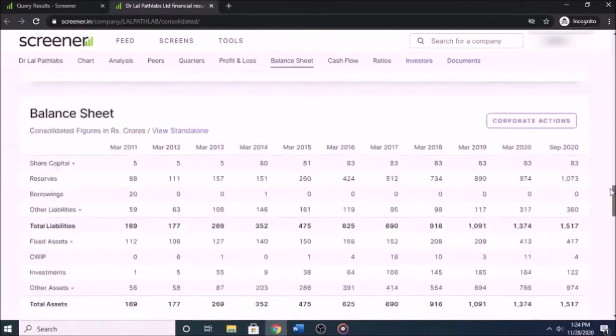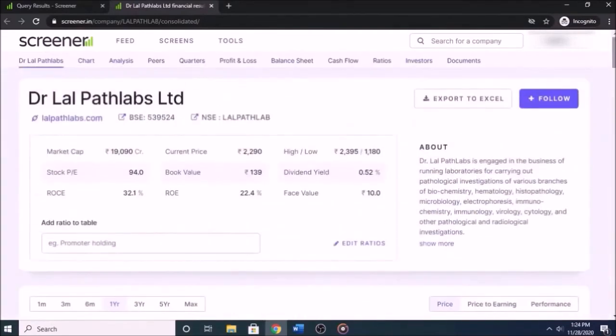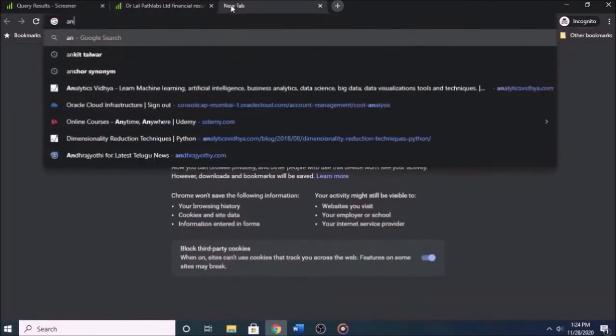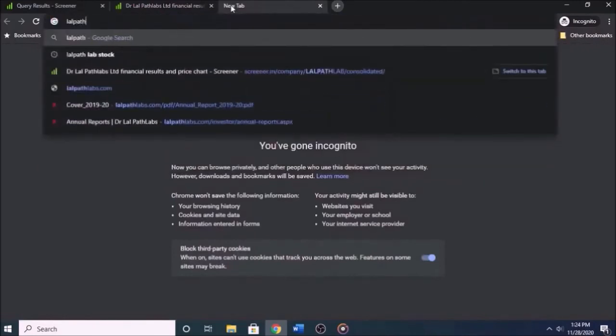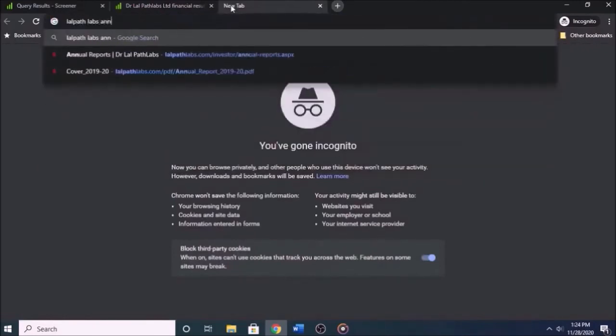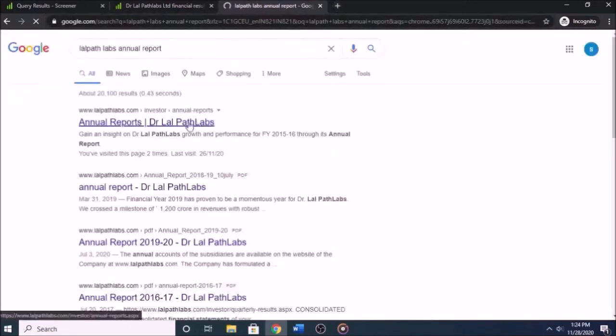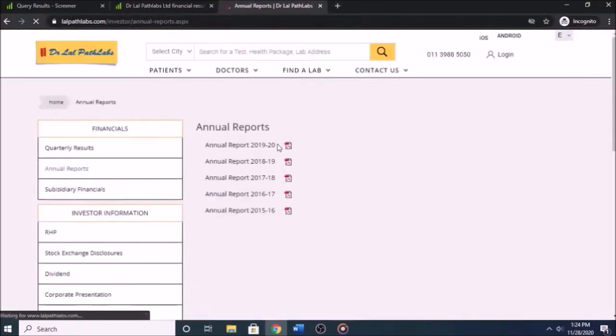All right. So if the numbers are great, then what would you do? You go to the qualitative ones. Before you do any research, I would recommend search for their annual report. I would recommend at least read their last 2 annual reports.